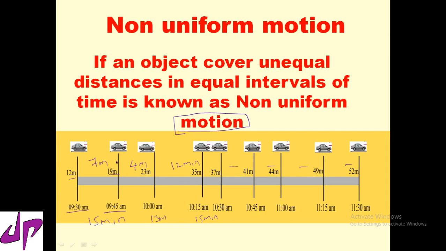So the car covered unequal distances in equal intervals of time, which is known as non-uniform motion.